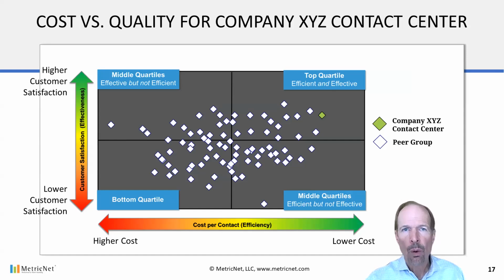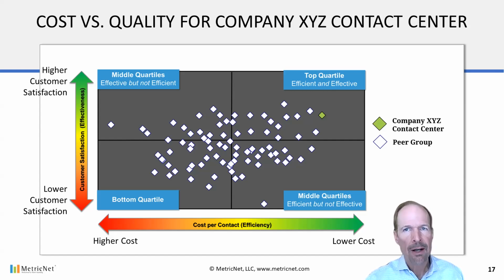Moreover, the chart is organized into 4 quadrants. The upper right quadrant represents low cost and high quality. This is the golden quadrant, the one you want to operate in, and we already know from earlier charts that I presented that this Contact Center XYZ is low cost and high quality.